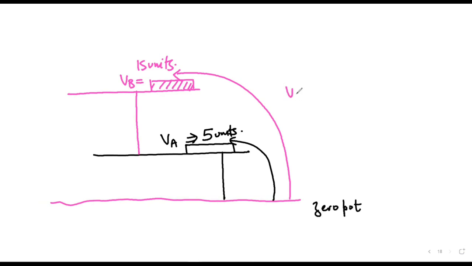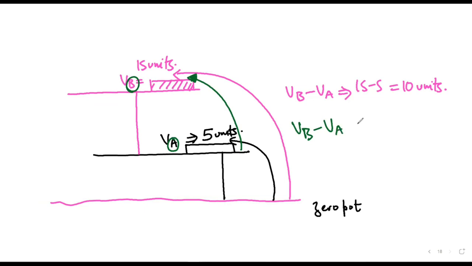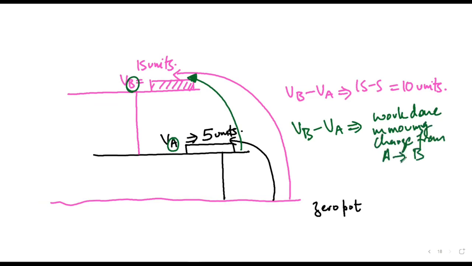So can I say that the difference VB minus VA is 15 minus 5, equal to 10 units? So basically this 10 units would be the work which is required to move the book from point A to point B. Mr. Sivang? Yes. Any doubt? No. So VB minus VA is work done in moving charge from A to B per unit charge. Any doubt, Mr. Sivang? No.